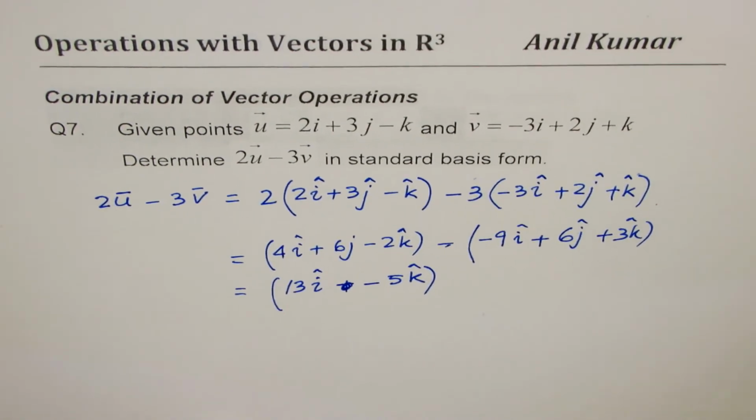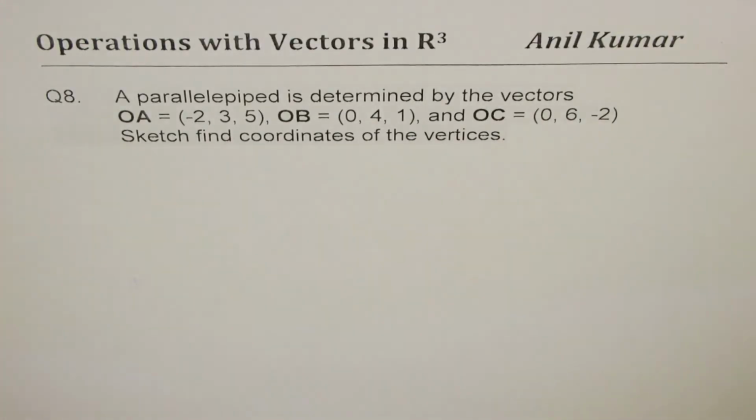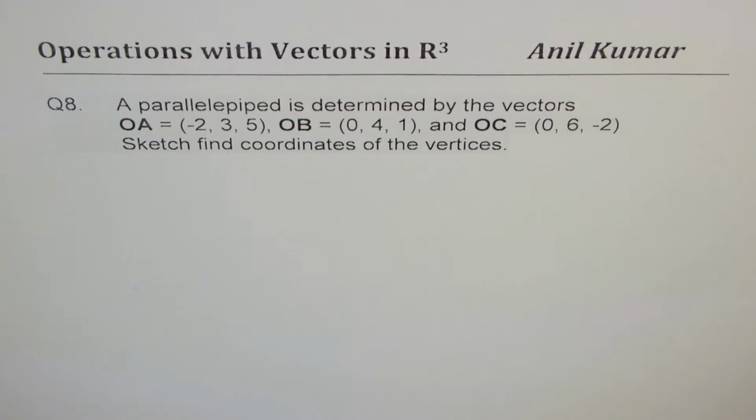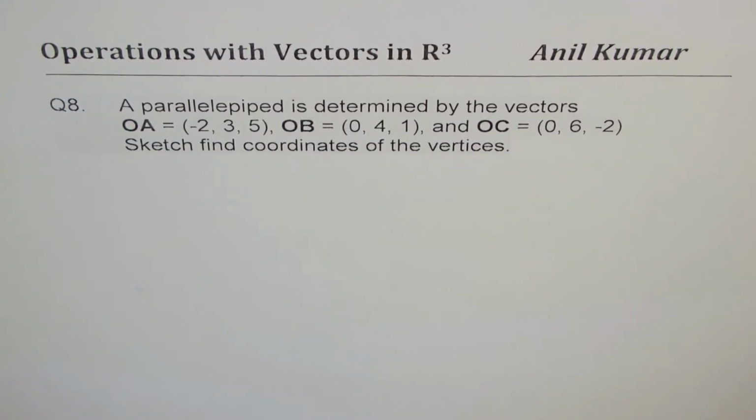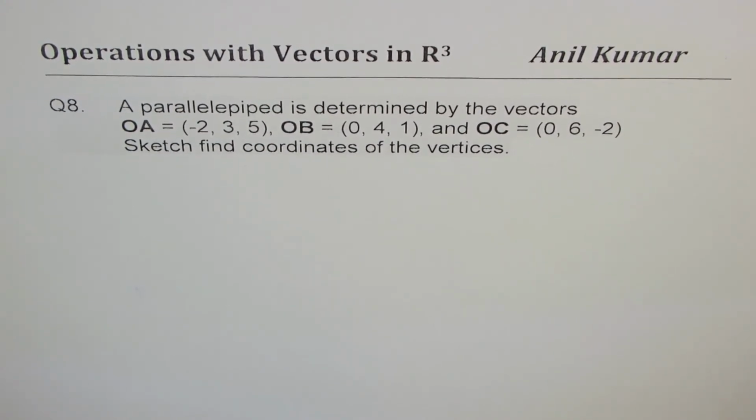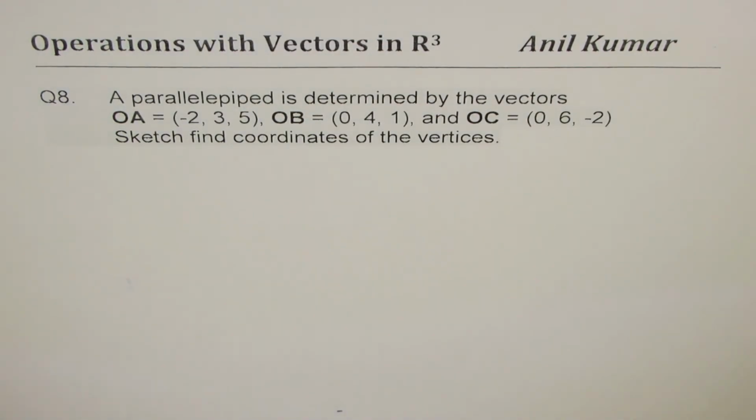Now let's do the last question here, which is question number 8. We will sketch a parallelepiped from given position vectors. I'd like you to pause the video, copy the question, sketch, and then look into my suggestions. Thank you. Question number 8.